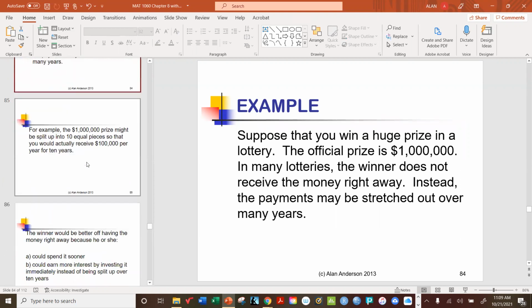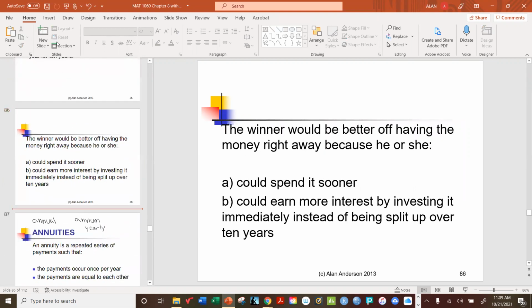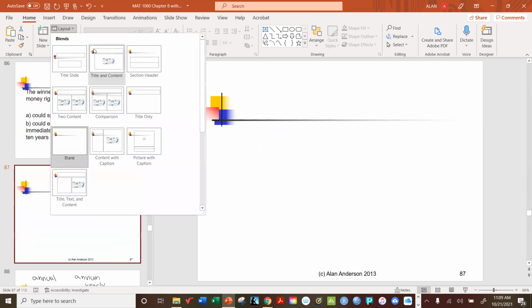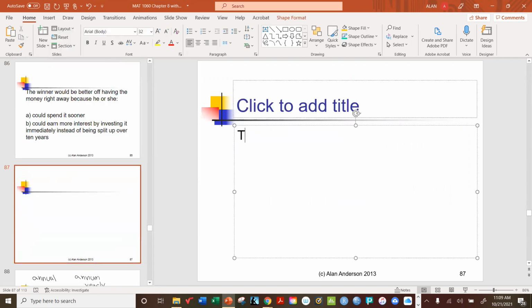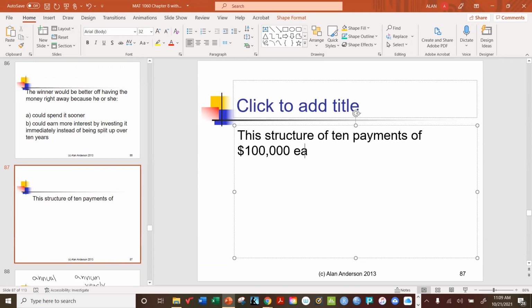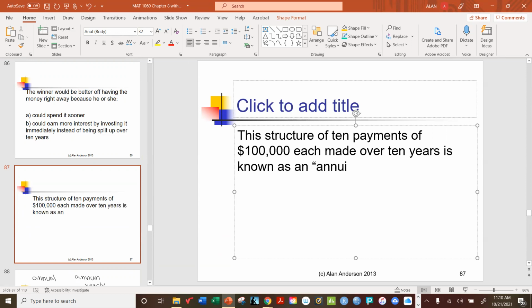So a structure like this, of 10 payments of $100,000 each made over 10 years, is known as an annuity.